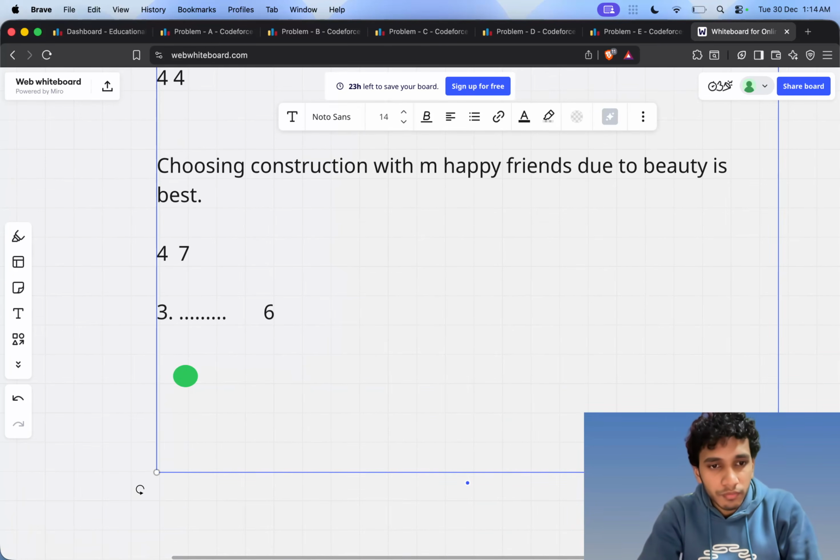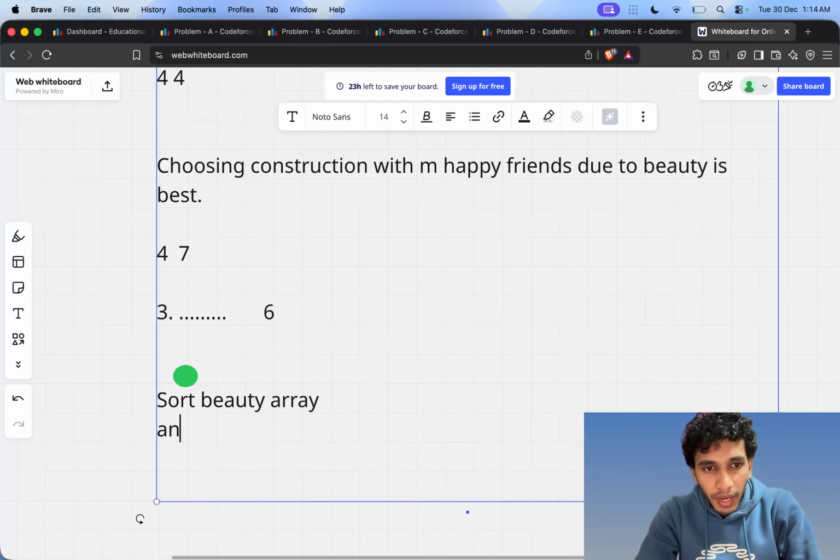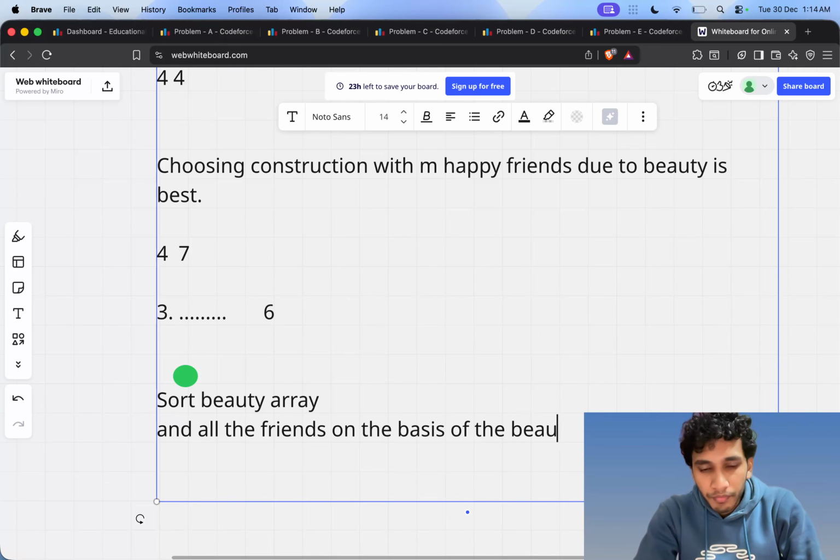Sort both the arrays: sort the beauty array and all the friends on the basis of the beauty they require to be happy.